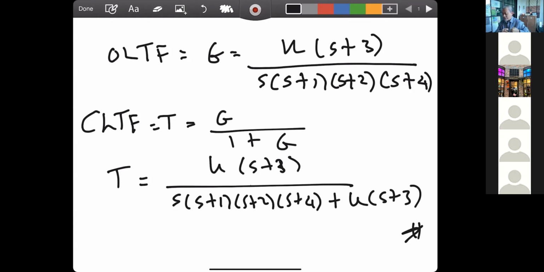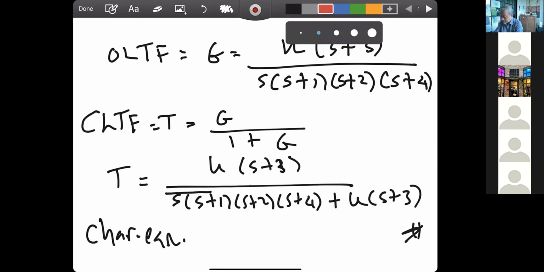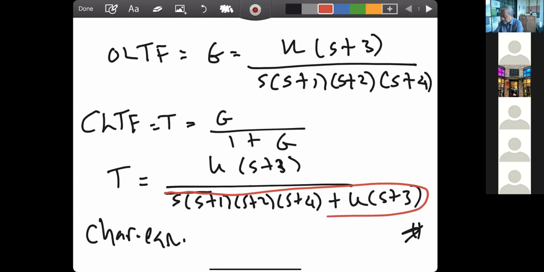Yes, Doctor. Characteristic equation: S power 4 plus 7s power 3 plus 14s power 2 plus (8 plus K)s plus 3K equal to 0.